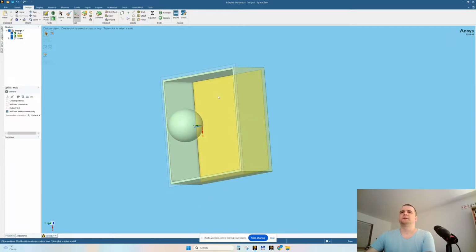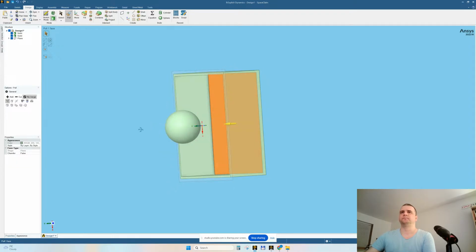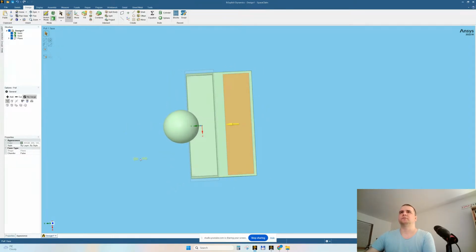So we need water inside. The easiest way to make the water is to click the bottom of the tank, and I will pull, but I will select no merge, because otherwise it will immediately fuse with the tank body, okay? How much do we go?